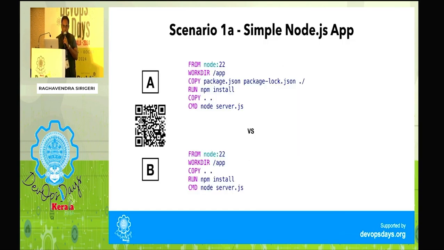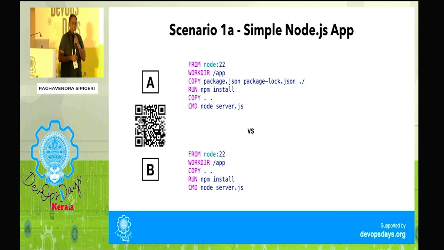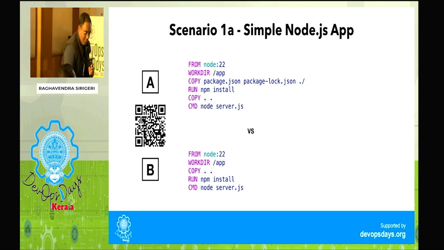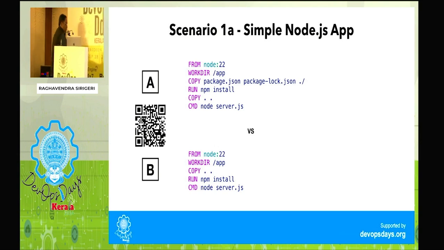Okay? Cool. So now is a small quiz for everyone. You see these two Docker files here, right? You can also scan the QR code and vote for which one you think is more efficient. Did everyone get a chance to vote?